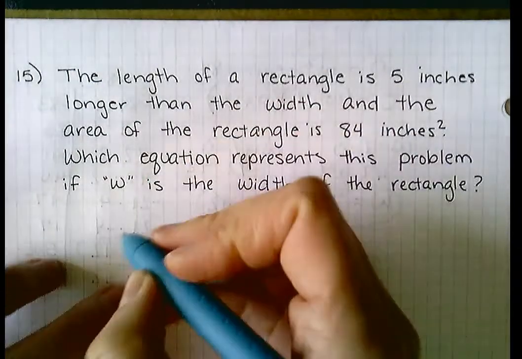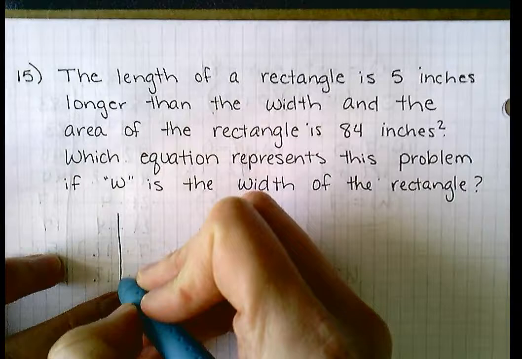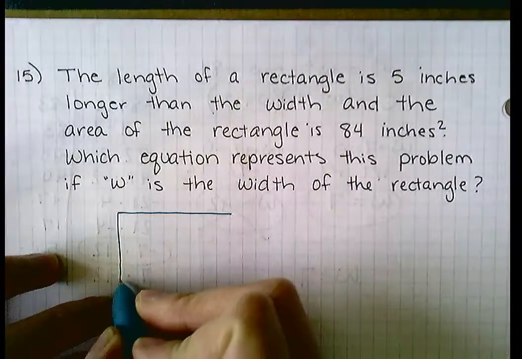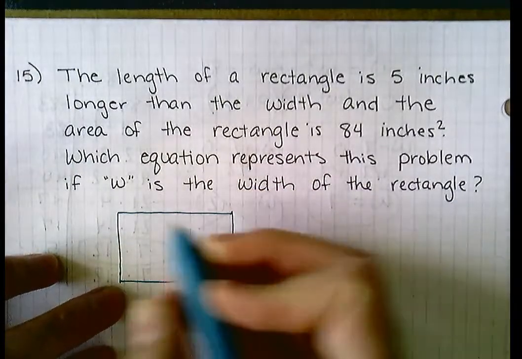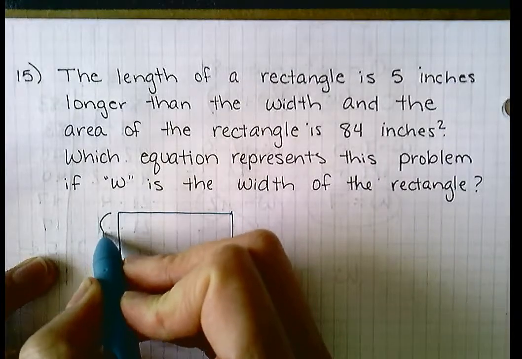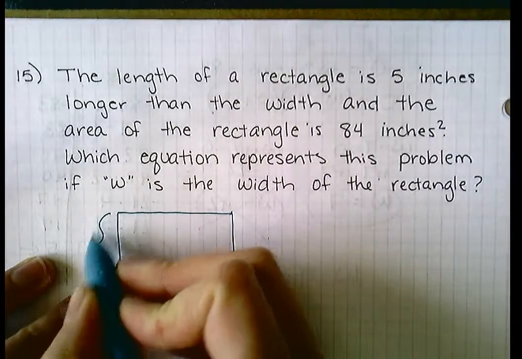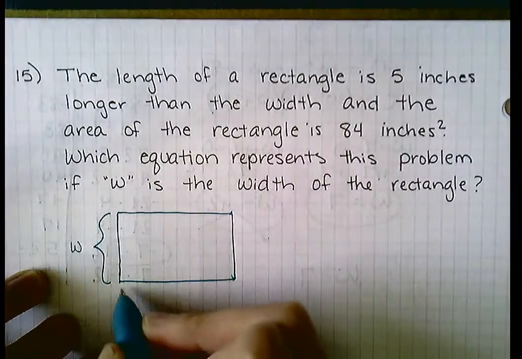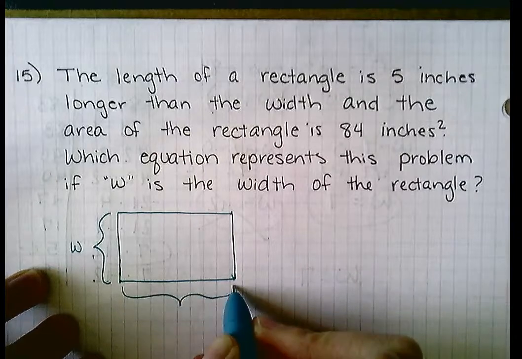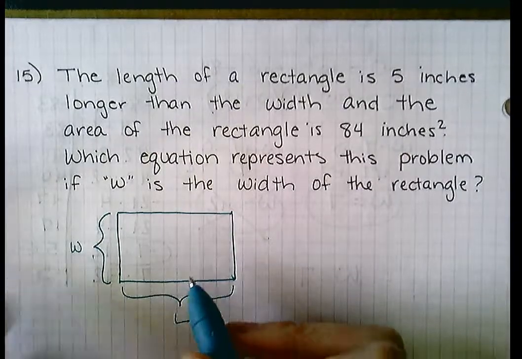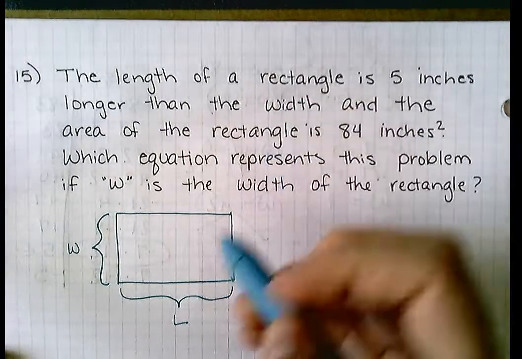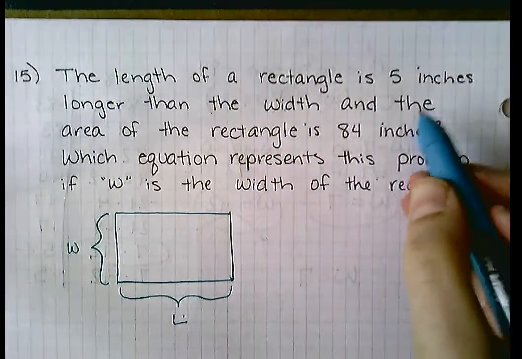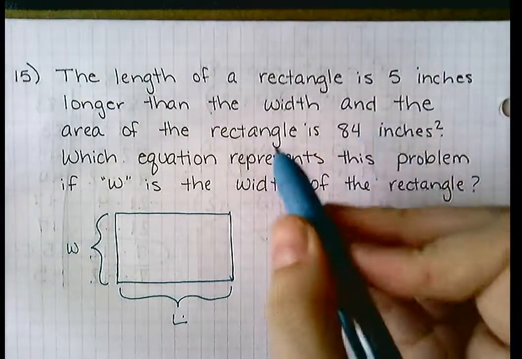So let's get a visual of what our rectangle looks like. Now we don't know exactly how wide or how long, so it's just a guesstimate. We're going to call this the width, and we're going to call this the length of the rectangle. And it starts to give some information: the length of the rectangle is 5 inches longer than the width.